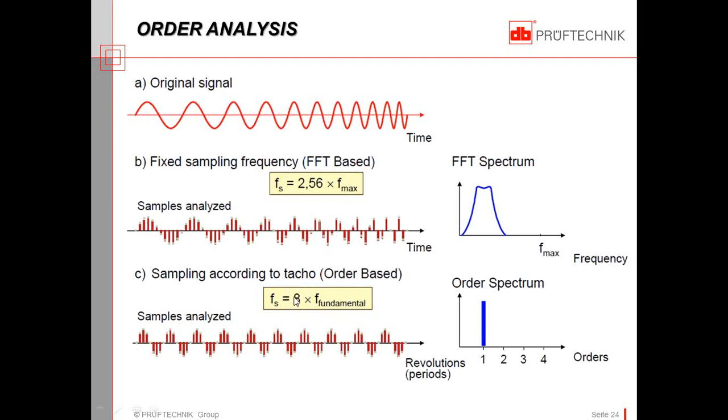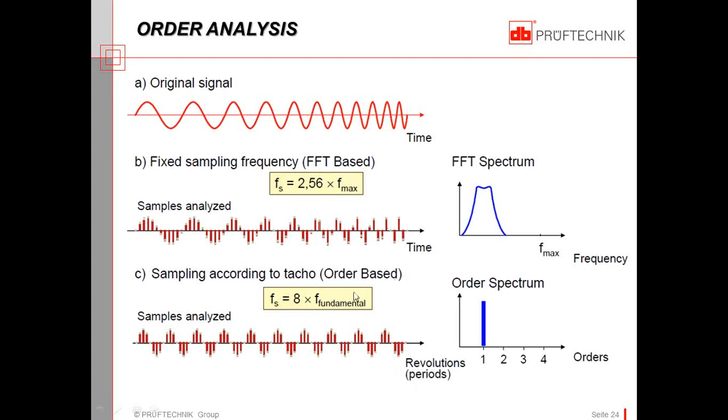So if he says, I want to be able to see 8 orders of the fundamental, then the sampling frequency is derived as 8 times the fundamental. And as we can see here now, we have a constant number of samples in the waveform. And the waveform now is in revolutions, not in time. This is a key point here.